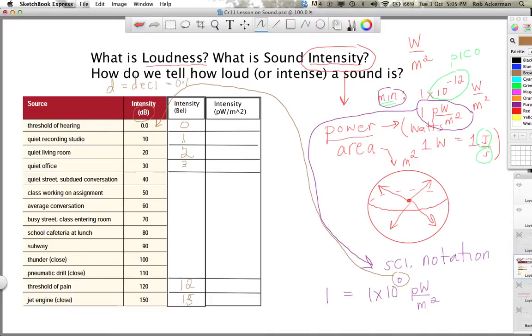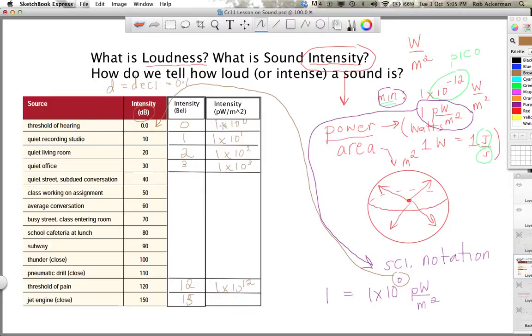Now, we also know that we can fill in 0 bell with 1 × 10⁰. So what do you think we would do here? Well, 1 bell, which is 10 decibel, would be 1 × 10¹ picowatts per square meter. 20 decibel, which is 2 bell, would be 1 × 10² picowatts per square meter. 30 decibel is 3 bell, which is 1 × 10³ picowatts per square meter. 120 bell, 120 decibel, 1 × 10¹² picowatts per square meter.